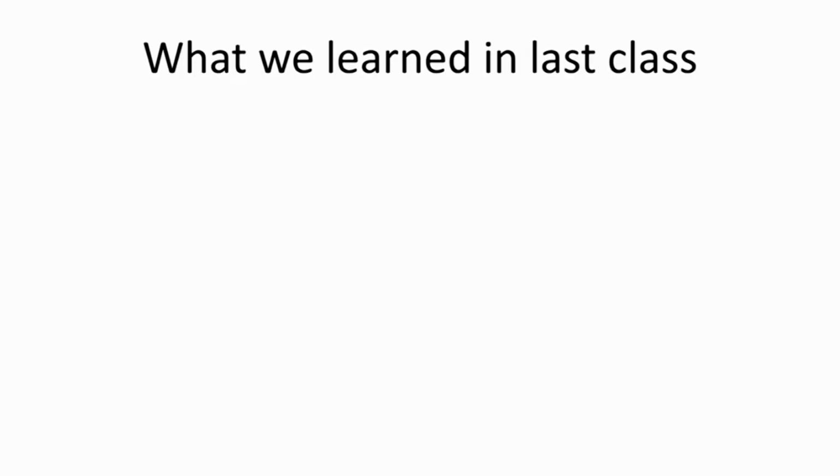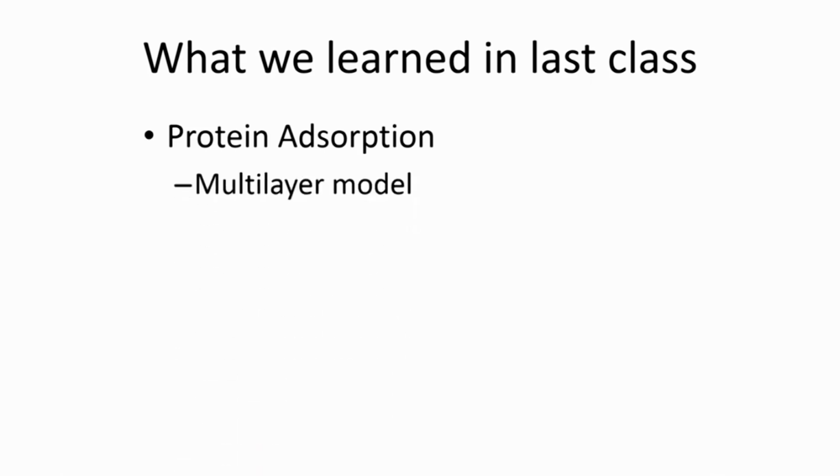So let us just quickly recap what we learned in the last class. We basically finished up our discussion on protein adsorption, so why and how they adsorb. Towards the end we were discussing the multi-layer model, where if we have a surface, it will not only form a single layer of protein, but it will have multiple layers.